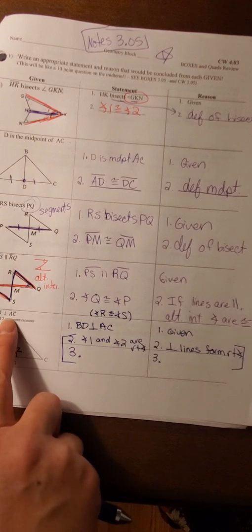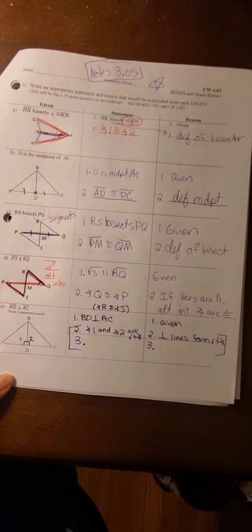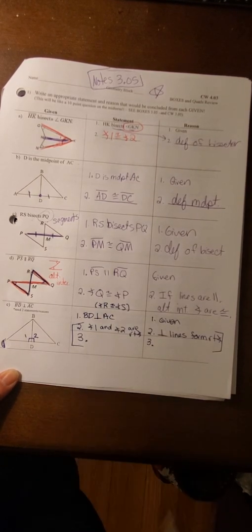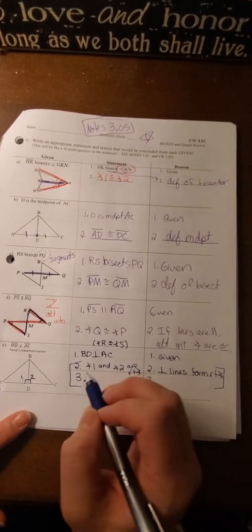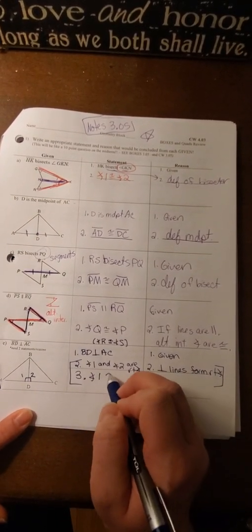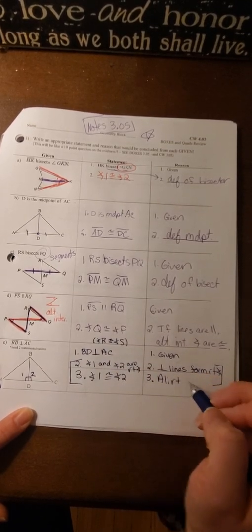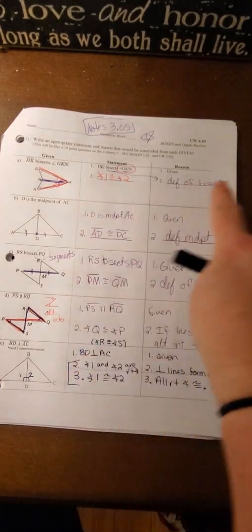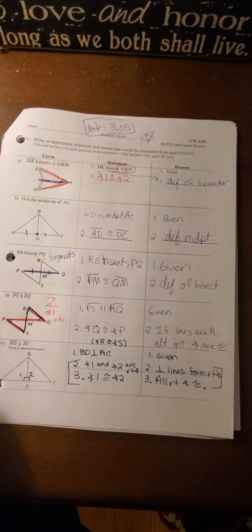So what happens when you have a perpendicular is you make these right angles. Then we go about calling those angles congruent. So from here, we're now going to say angle 1 is congruent to angle 2 because all right angles are congruent. Now these are all of our puzzle pieces that are going to be formed into some proofs.